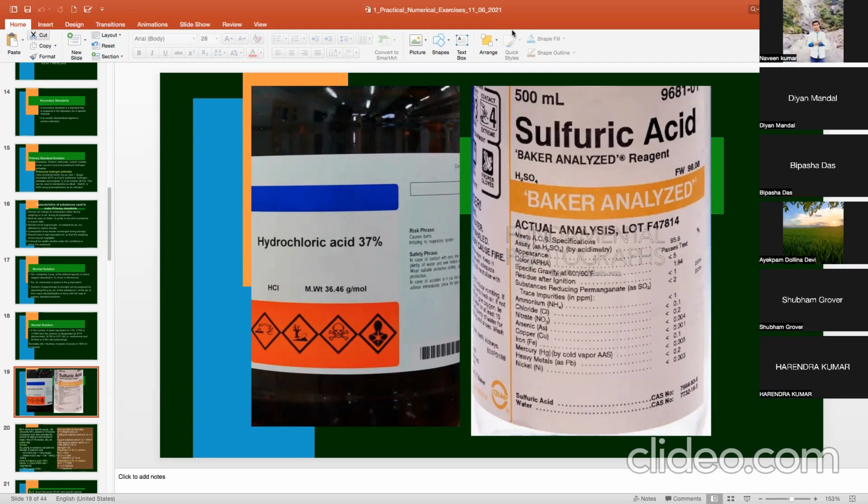In this case, the assay as H2SO4 is 95.8%. On the right side, the purity of sulfuric acid is 95.8%. And then you see color, and one more thing you can see is specific gravity. Specific gravity is 1.84.